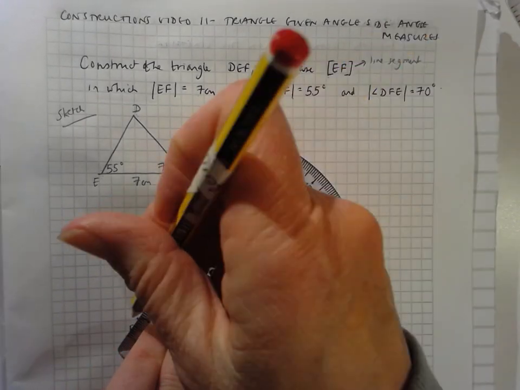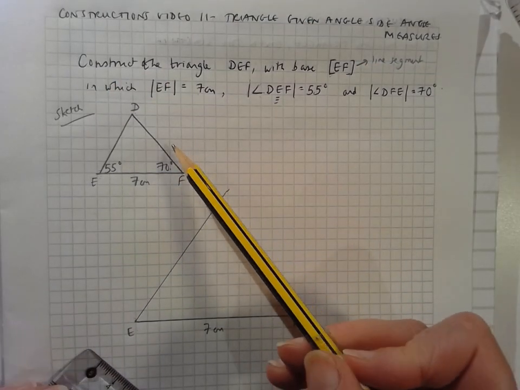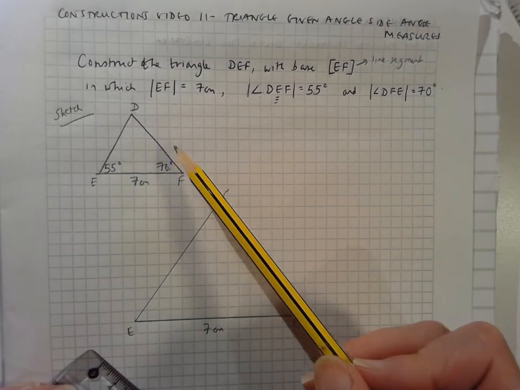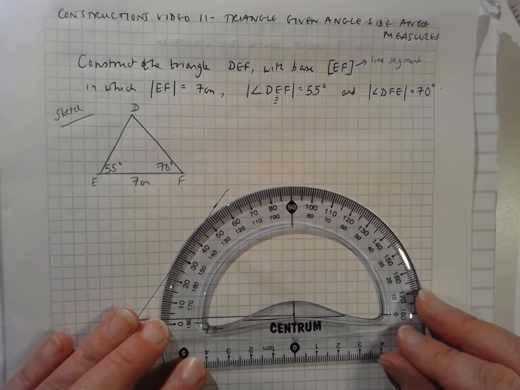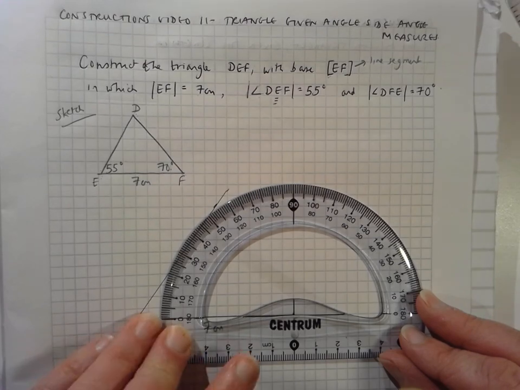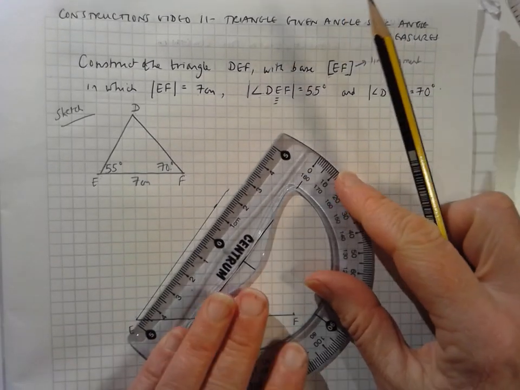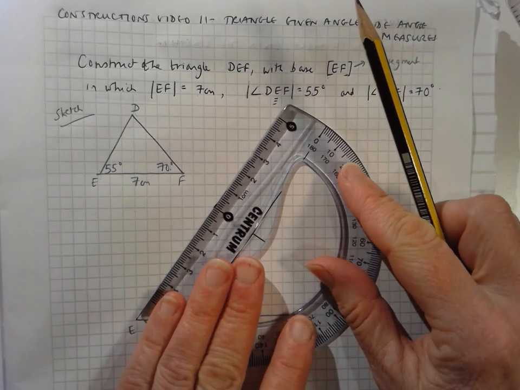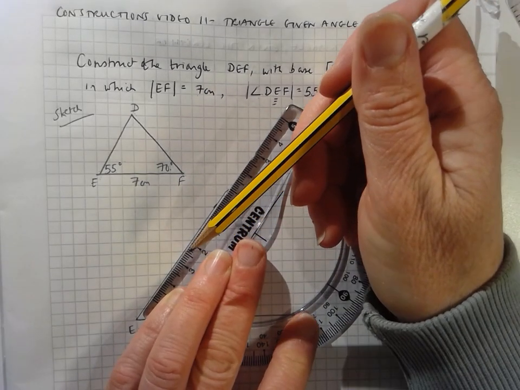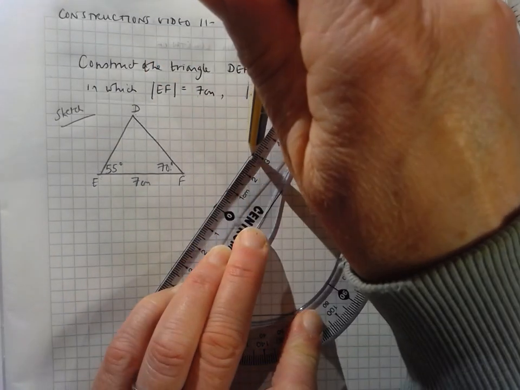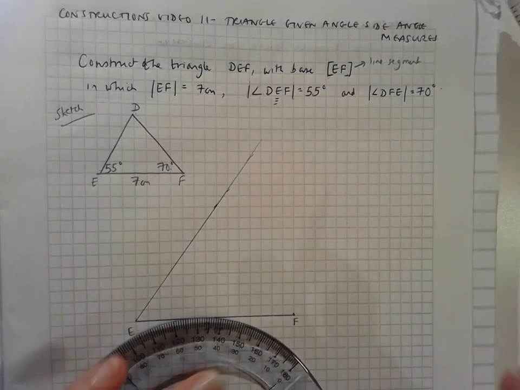Now, in the previous one we had this measurement rather than this angle, but in this one I may not even need to use my compass, will I? Because now I've got to find an angle of 70 from here. If you notice, I didn't draw this line long enough for my 70 degree angle.